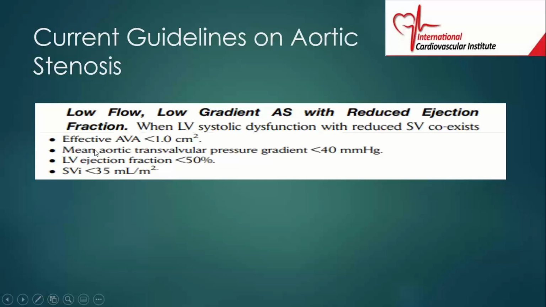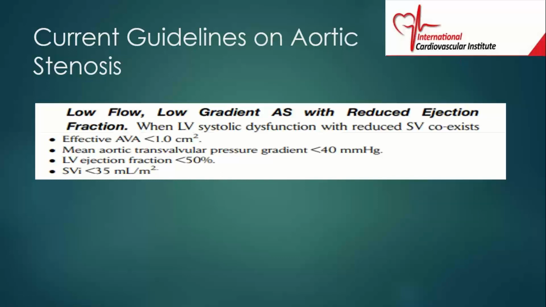But when you look at the mean aortic transvalvular gradient, it is less than 40. Remember the table that we looked at said that the mean gradient should be greater than 40 for severe AS. If the ejection fraction is less than 50%, and if you do the stroke volume index and it's less than 35 mLs per meter squared, then this is the definition for low flow, low gradient AS with reduced ejection fraction.